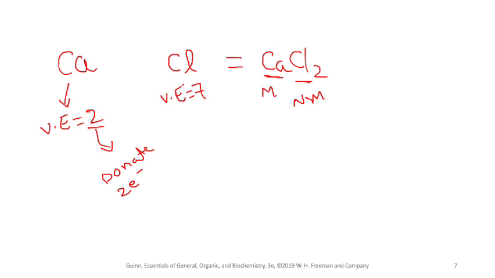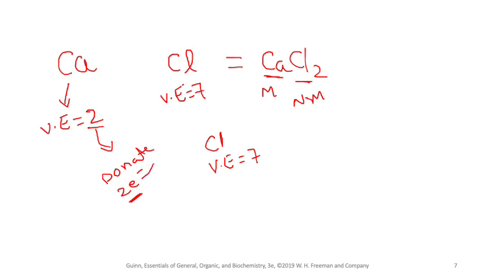Now chlorine will get stable. But calcium can donate 2 electrons. If chlorine goes to the calcium, it says, can you donate 1 electron to me? Calcium will say, okay, I can donate 1, but even if I donate to you, I won't get stable. I will still have 1 valence electron in my last energy level. So you have to bring your friend. So chlorine, you need 2 chlorines, a second chlorine.